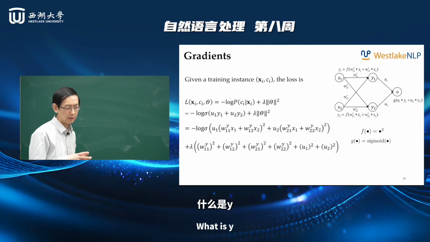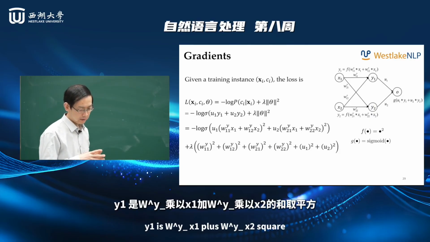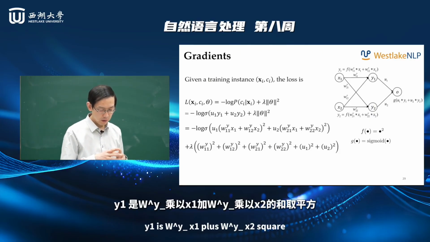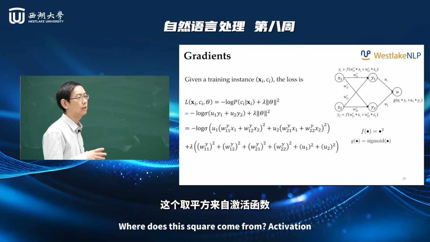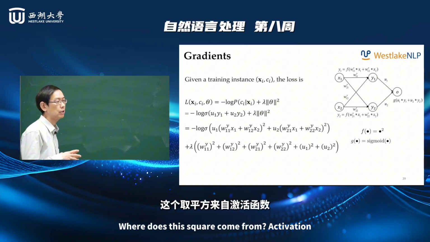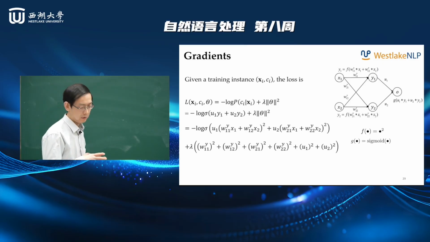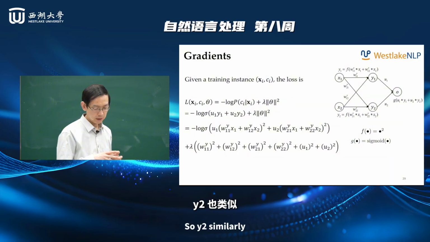What is y1? y1 is w11y x1 plus w12y x2, squared. Where does this square come from? Activation. So y2 is similar.